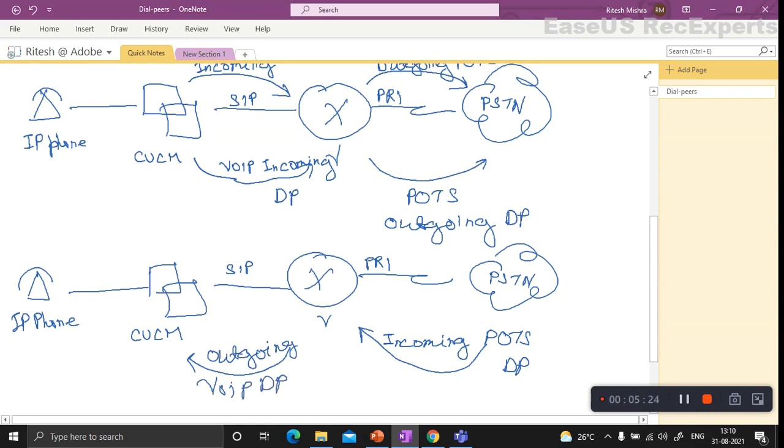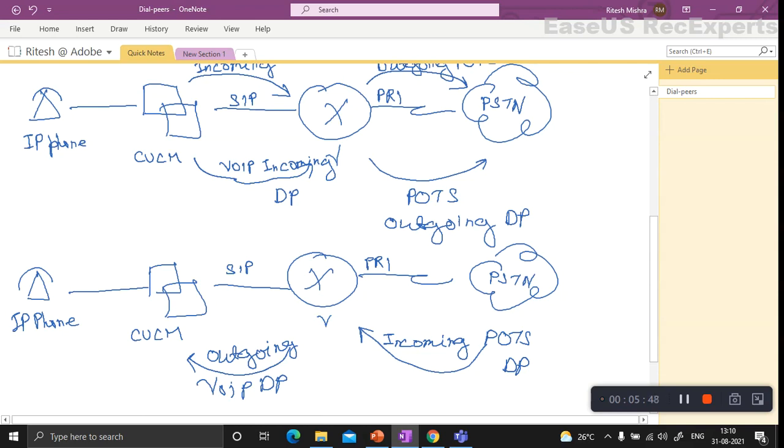Whether it will be VoIP or POTS depends on what your call leg is. If it's between call manager and voice gateway, you will need a VoIP dial pair. If it's between voice gateway and the provider, you will need a POTS dial pair. If the call is coming from PSTN, you will need an incoming POTS dial pair.